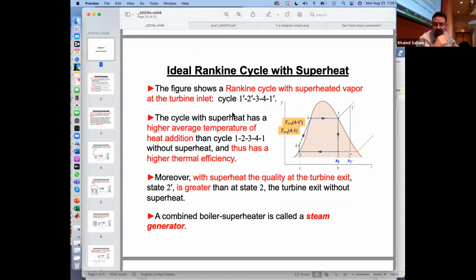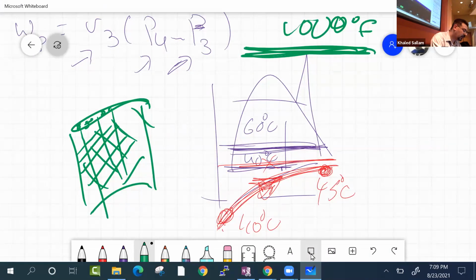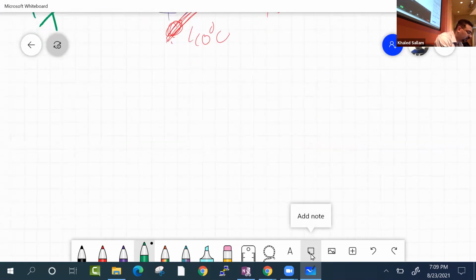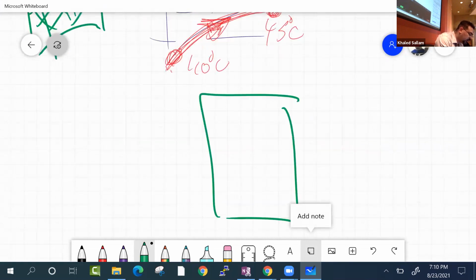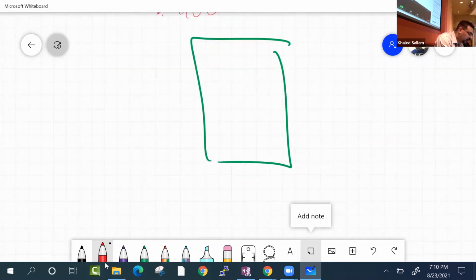So the superheat is happening in something called the superheater. In the actual boiler, the boiler is really a box like this or a big building.